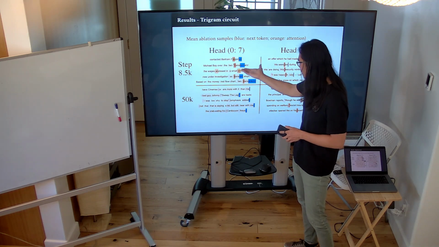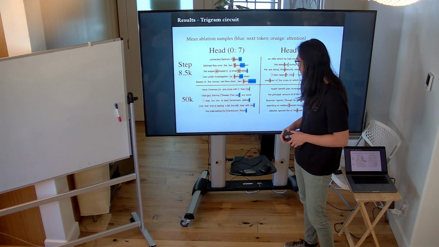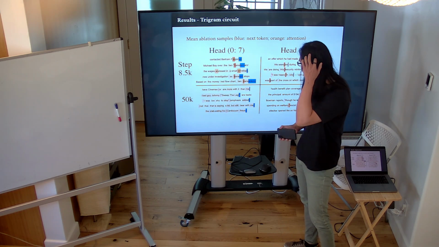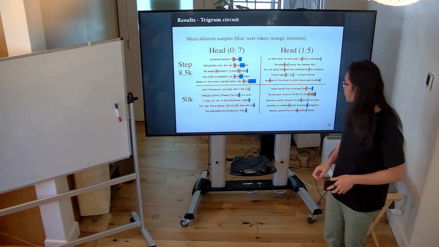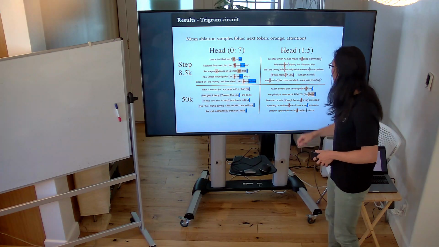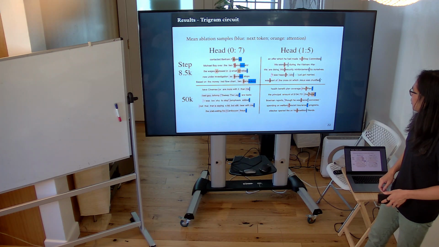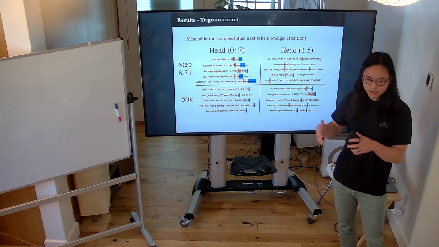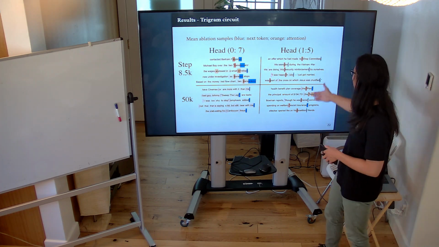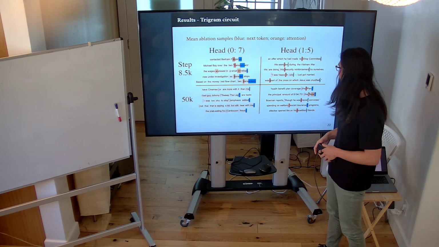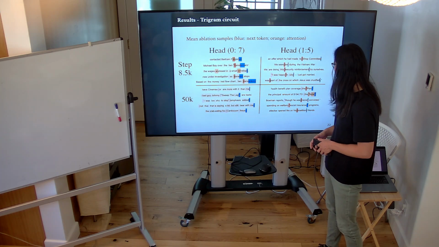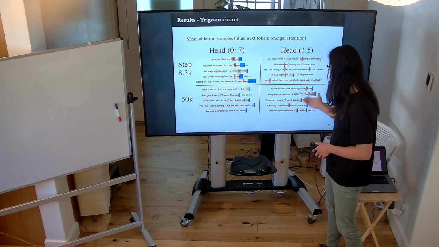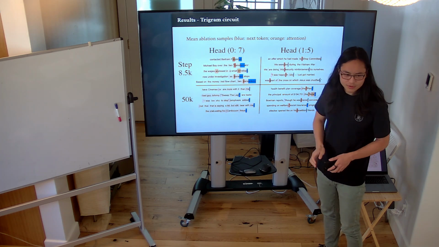It predicts trigrams that start with "trans", and has some other trigrams scattered around, like "envelope". And then at this early point in training, head 1.5 is already pretty clearly doing this thing about enclosing brackets. So here we have enclosing brackets around "shop committee". I only did square brackets here, but I think it does parentheses and quotations as well.